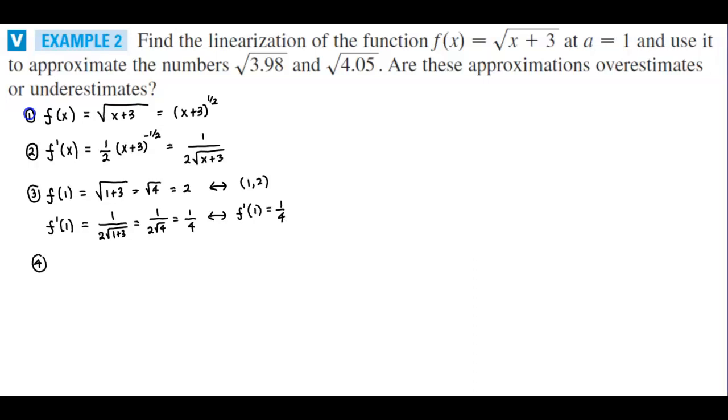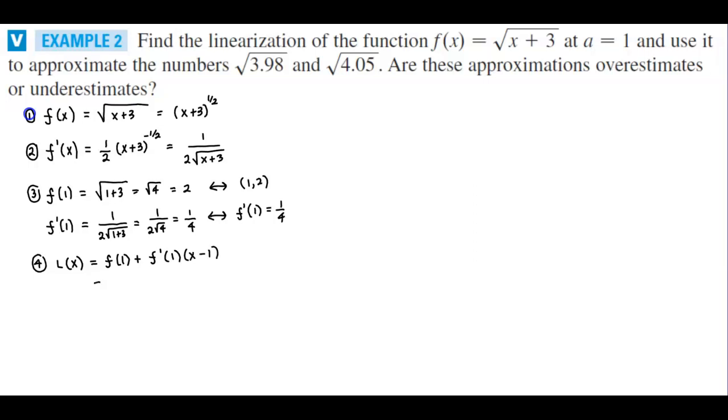Okay, so now what we're going to do is we want to set up our linearization. So that means L of x is going to equal f of 1 plus f prime of 1 times x minus 1.